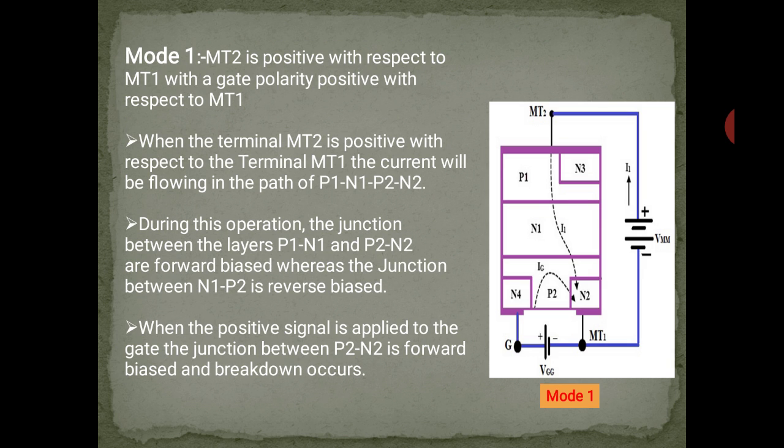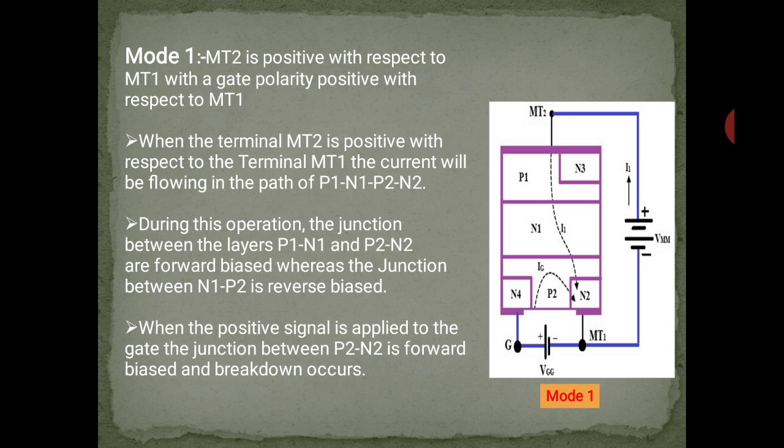The first mode of operation is MT2 positive with respect to MT1, with gate polarity positive with respect to MT1. When terminal MT2 is positive with respect to terminal MT1, the current will flow through the path P1 N1, P2 N2.